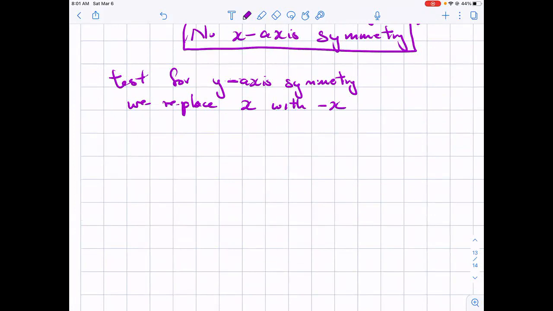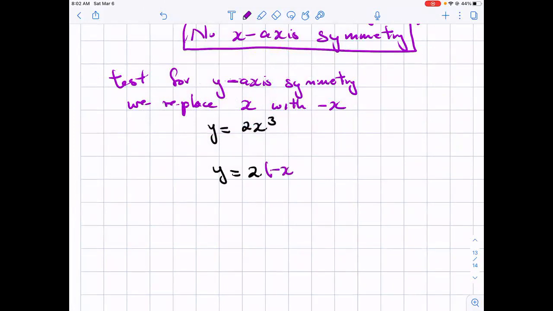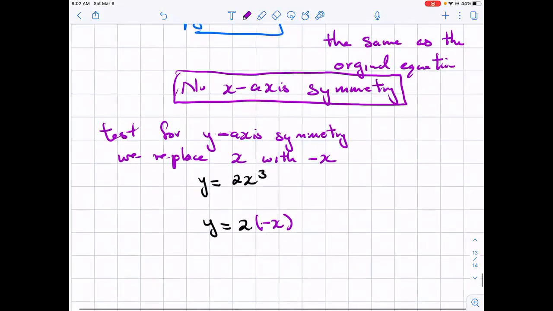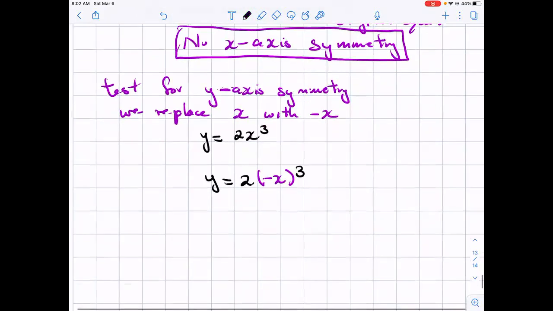So remember, our equation is y is equal to 2x cubed. So we have y is equal to 2, and instead of x now, I'll write minus x and cube it. And if I do this, if we cube minus x, it is the same as minus x cubed, and there's a minus here, right?